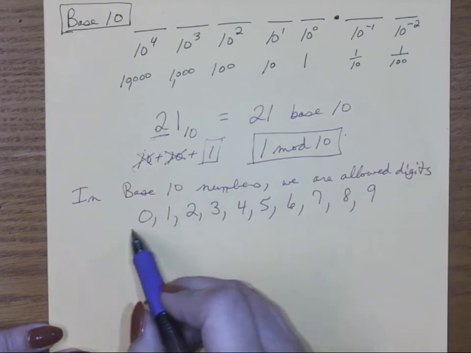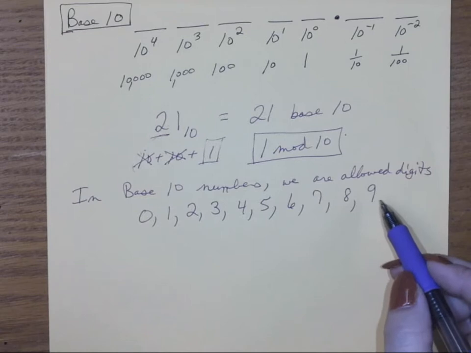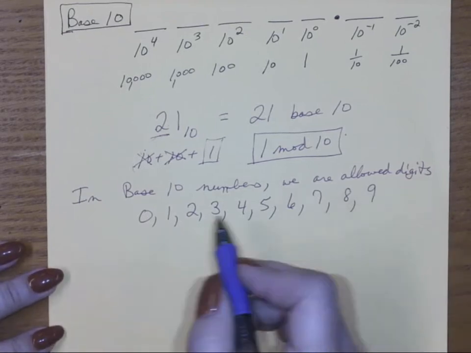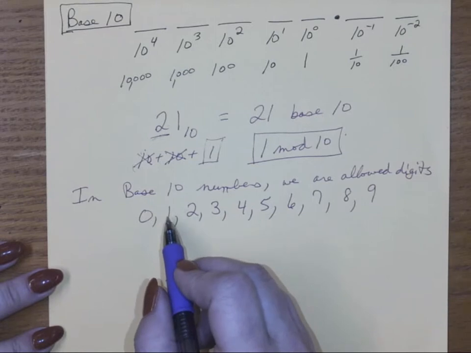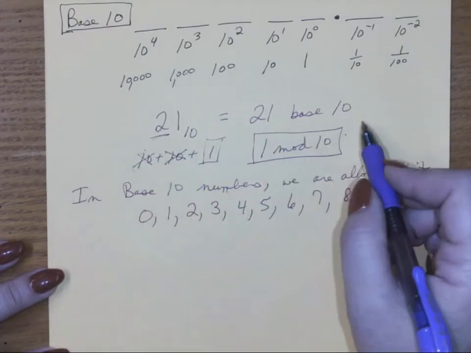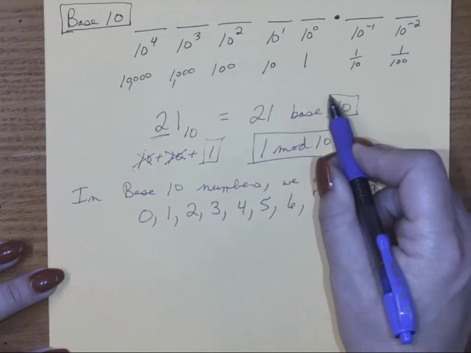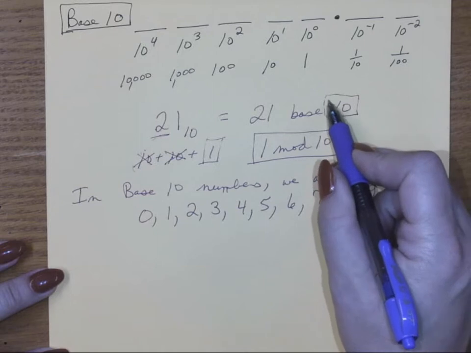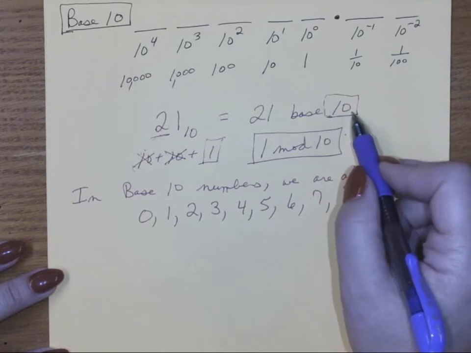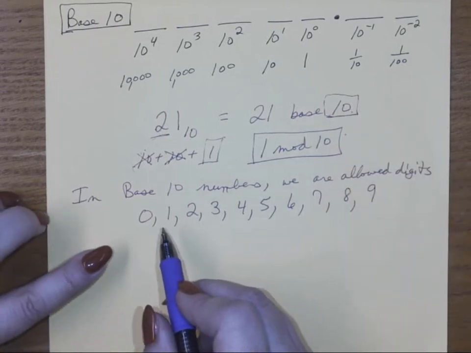All of these can go in my 1's position, but once I got past 9, what would happen? I would go to 10, which is a combination of the digits 1 and 0. That's how I get something that looks like this in base 10. Basically what we're saying is I have 1 group of 10s and 0 groups of 1s, so that's a combination of the 2 digits down there.